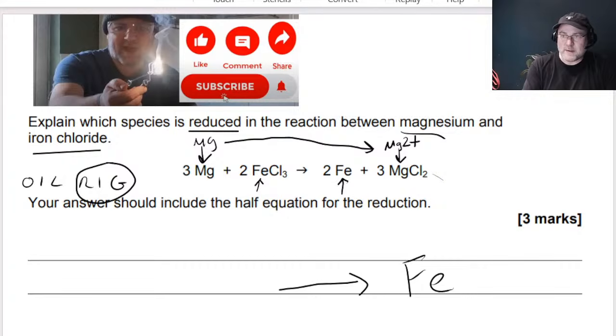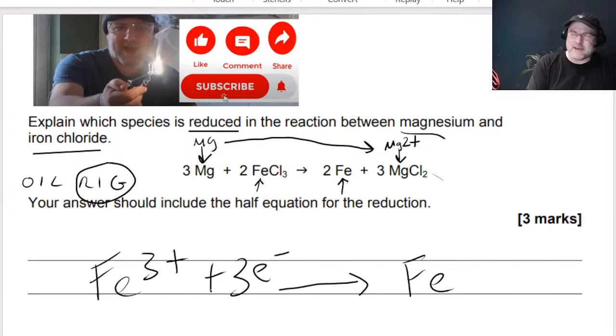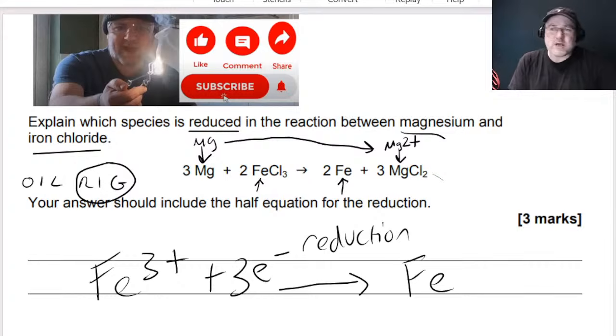The equation they're looking for in the mark scheme is Fe3+ + 3e- goes to Fe. And that is reduction, because reduction is gain of electrons. So you may even get 2 marks from saying iron is reduced, it gains electrons. The half equation is the 3rd mark. Even if that is really hard, that is the higher level stuff, you get the idea.